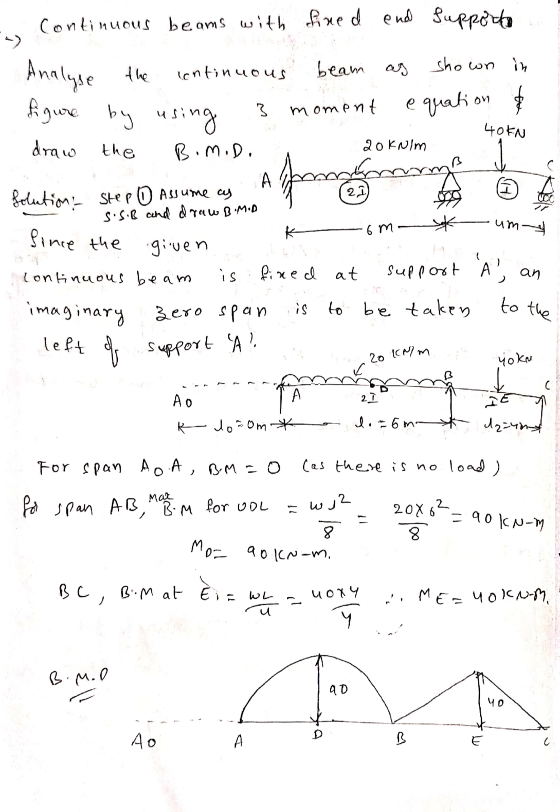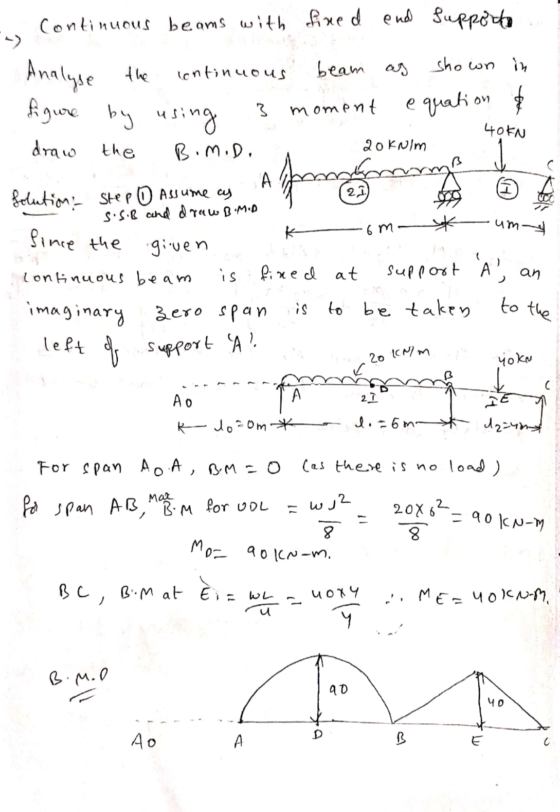We need to find MA because a fixed support is there, and MB because B is the intermediate support. There are two unknowns, MA and MB, so we need to apply the three-moment theorem two times. For that we take this imaginary line, so that we can apply the three-moment theorem for A0AB the first time and for ABC the second time, and we can find MA and MB.